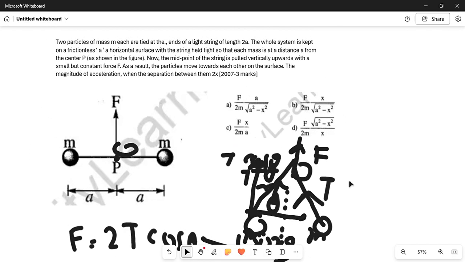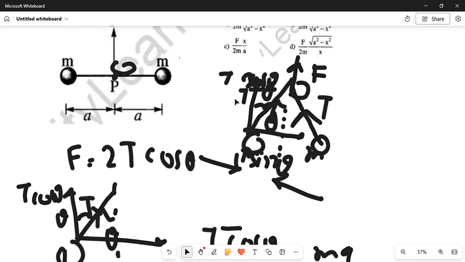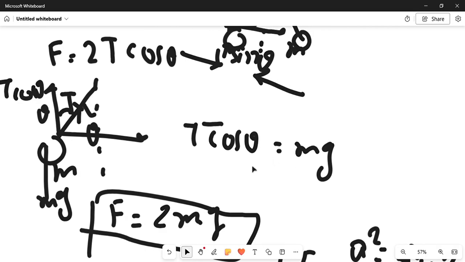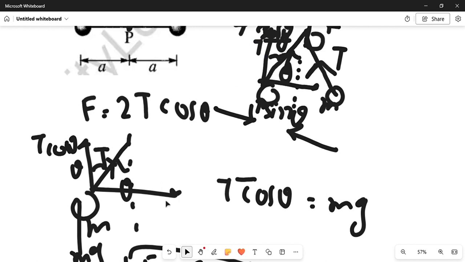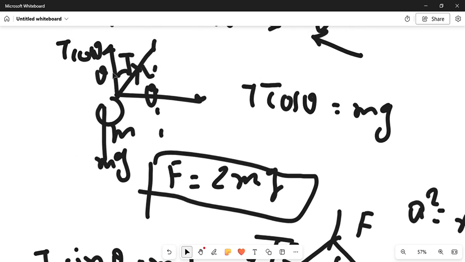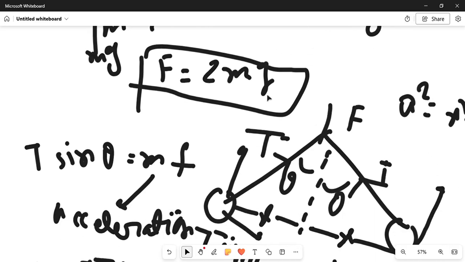This is an interesting problem, so I have to use all these components of force balancing at this point. F is equal to 2T cos theta, since at this point the total net force is 0 and the t sin theta components cancel out each other. Again, t cos theta is equal to mg. This t cos theta balances the gravitational force, and these two particles move towards each other with acceleration f.